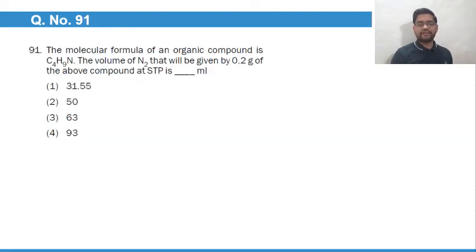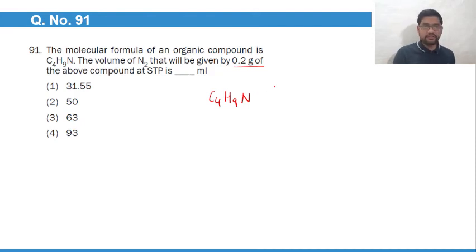Talking about 91. The molecular formula of an organic compound is C4H9N. The volume of nitrogen that will be given by 0.2 gram of the compound at STP is. So for that we need to write the reaction. If you remember the reaction, that will be really great.